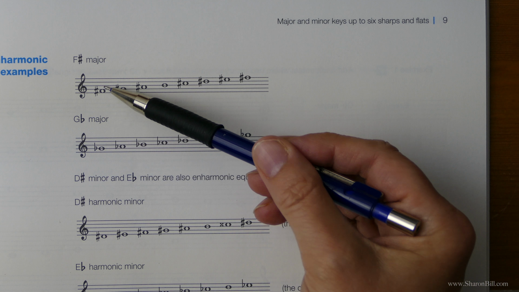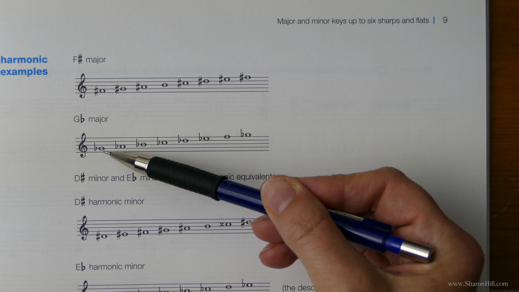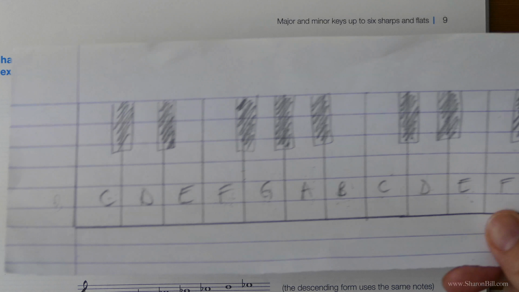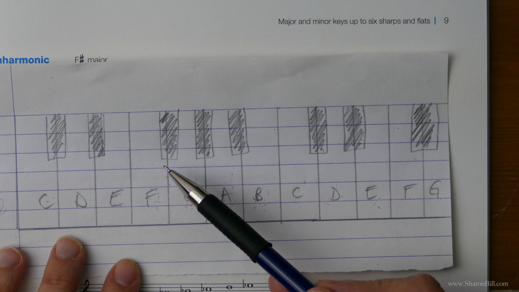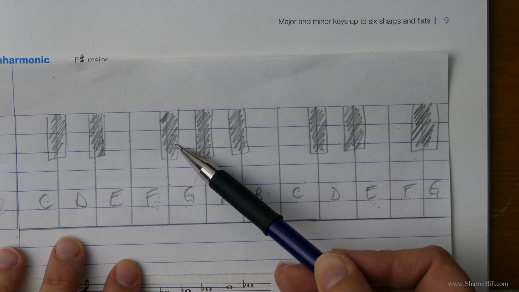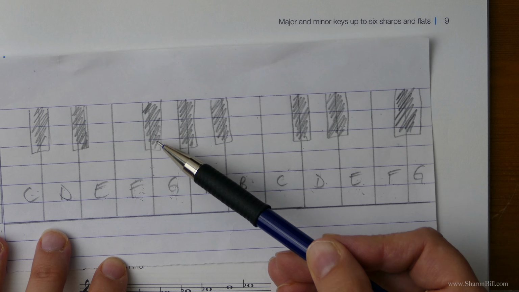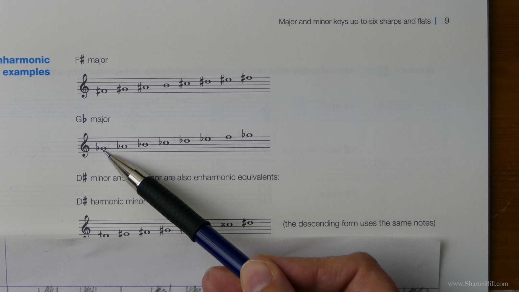And it looks like it's up a step because we've got F sharp to G flat. It looks like it's positioned up a step. However, it isn't. It's exactly the same, because if you just refer to a piano keyboard, it's much easier to remember, because there's F sharp, which looks like that on the stave, which is the same as G flat, which looks like that on the stave.